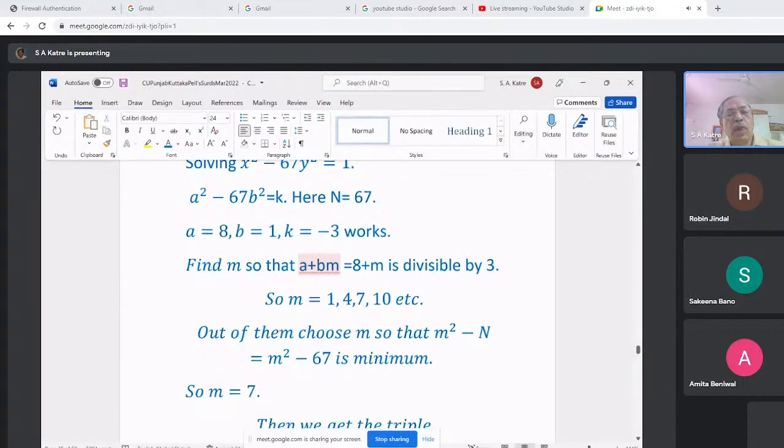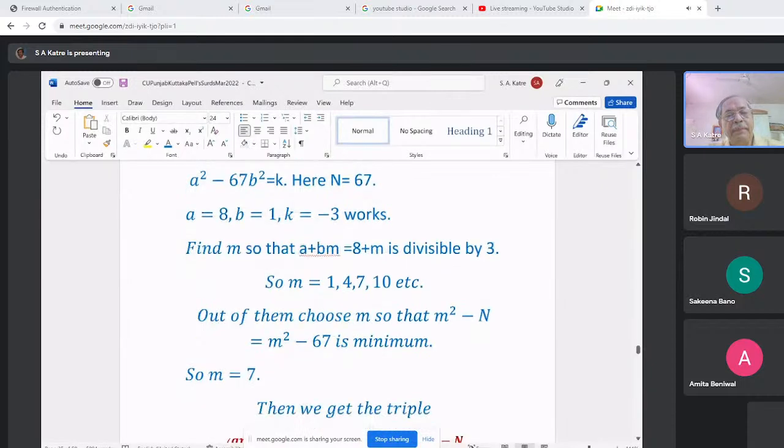Now find m so that a plus bm, that means 8 plus m, right? A is 8 and b is 1. So this is 8 plus m. You want to find m so that this is divisible by 3. Fortunately, divisible by minus 3 means divisible by 3. So what are the values of m?